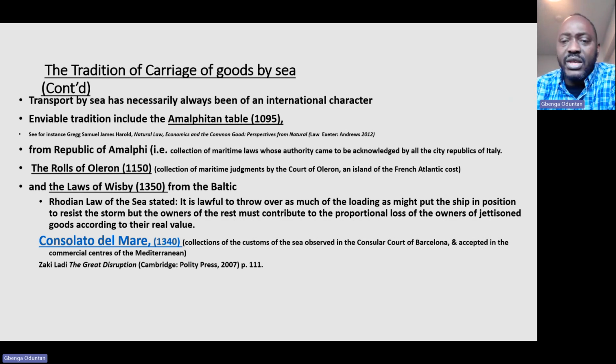From these old practices, dating into antiquity, you will find that mankind has been conducting maritime transportation and has even been reducing the rules, the duties, the liabilities into written collections, which maritime practitioners followed over the centuries.